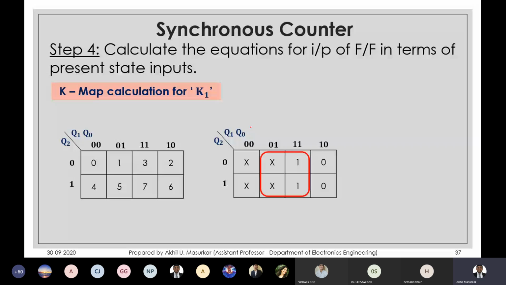So K1 will be looking like this, where you have don't care, 1. So this is the quad that we will have. This is Q0. K1 is also Q0. Tell me J0 and K0.